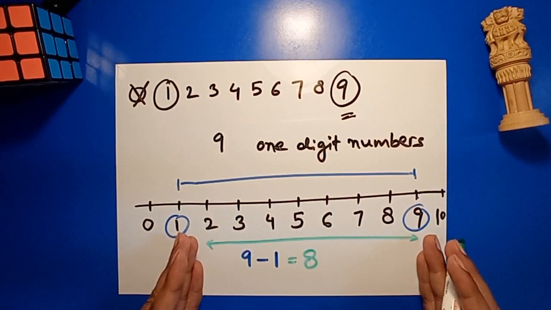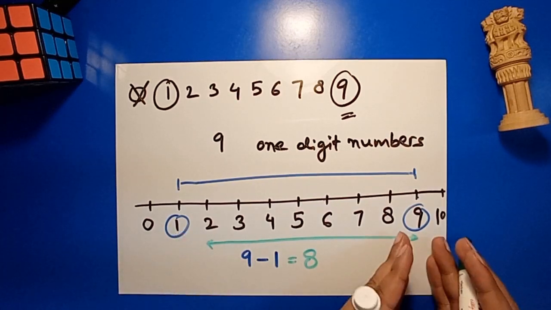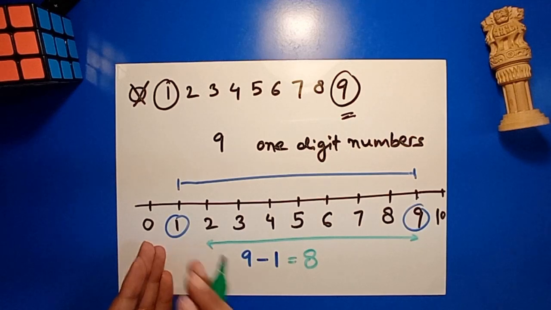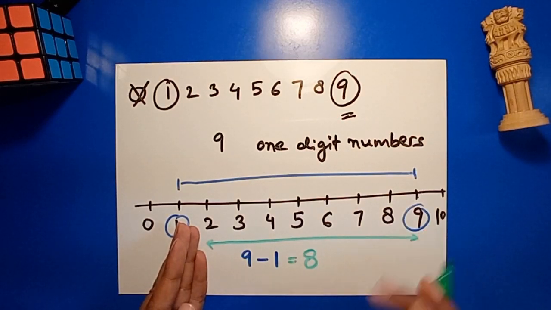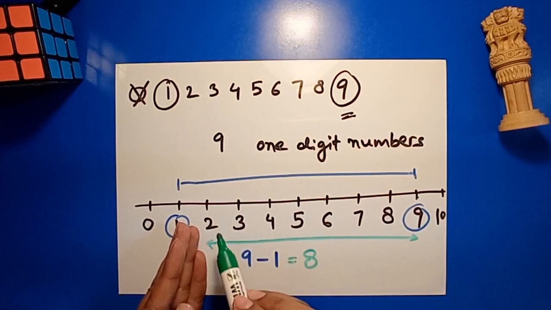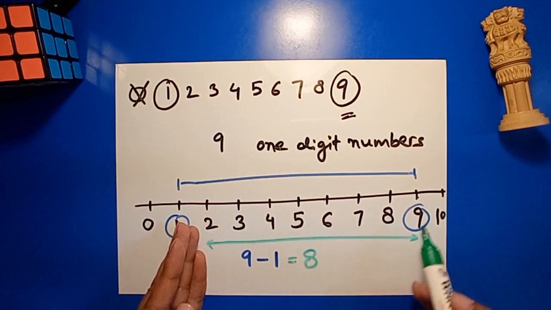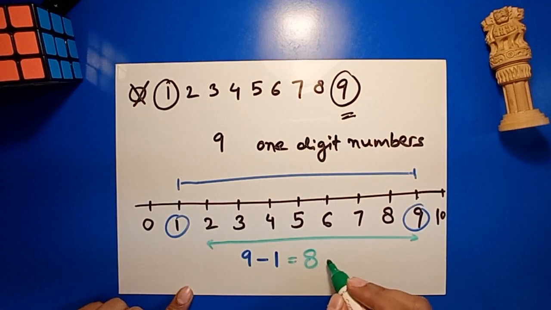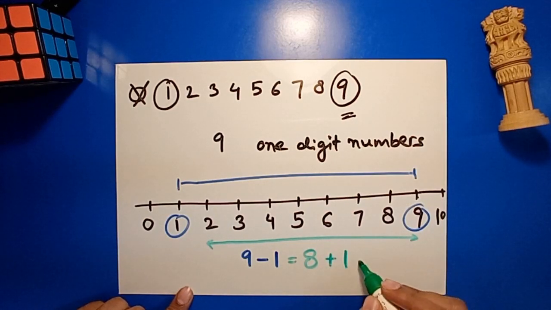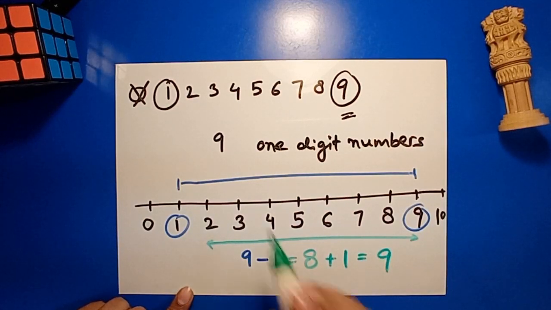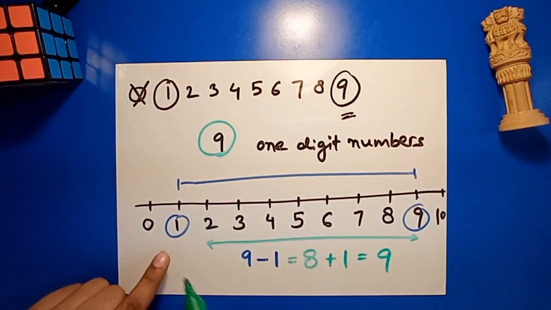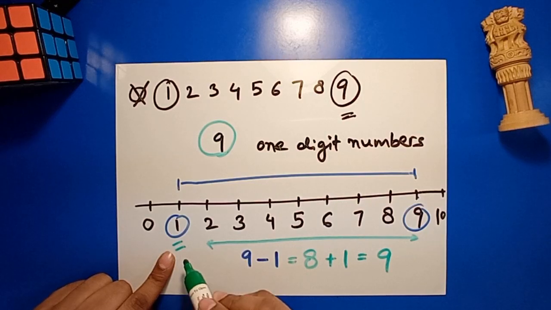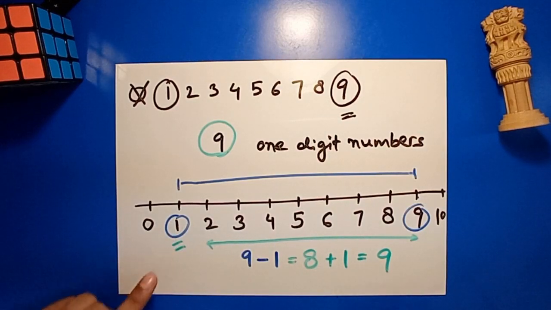The difference of 9 when 1 is removed from it, 8 is left because 8 digits are left. If I add 1 to this, it gives me 9. So what I'm doing is, don't remove 1, add it back.